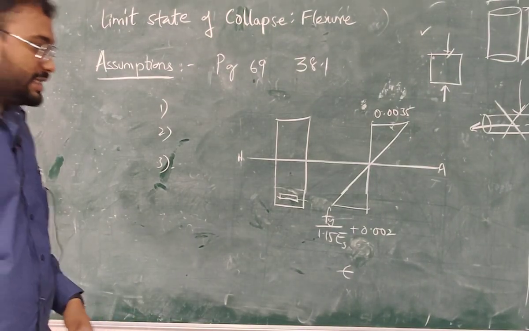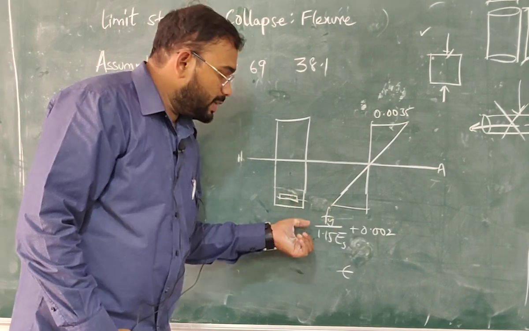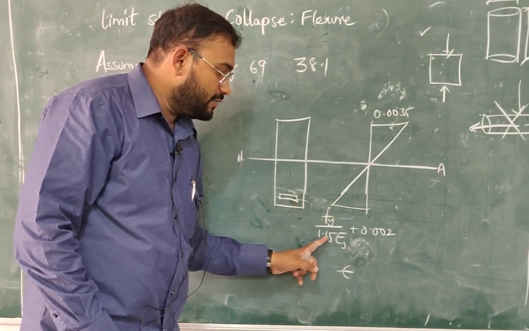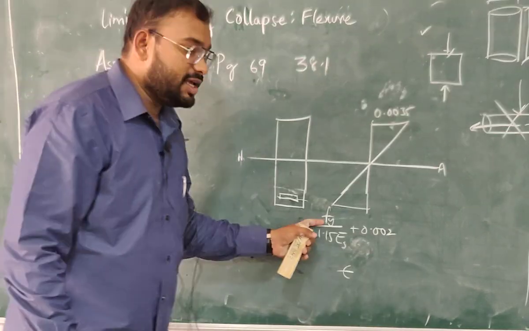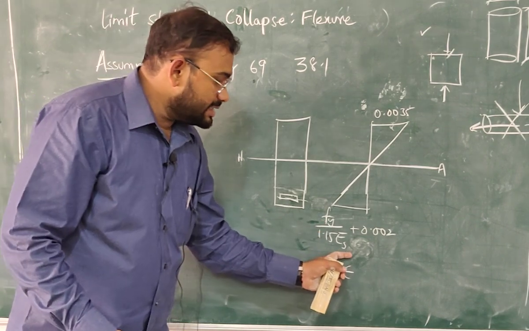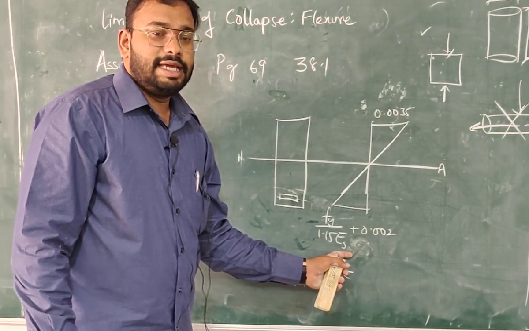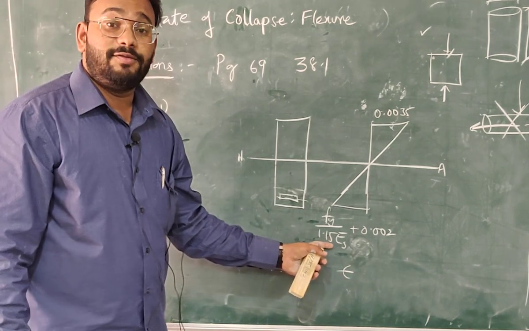Now what the code says is the maximum strain in steel should be taken equal to Fy by 1.15 Es plus 0.002. What is this Fy? Characteristic strength of steel. What is this Es? Es is Young's modulus for steel. What is this 1.15?